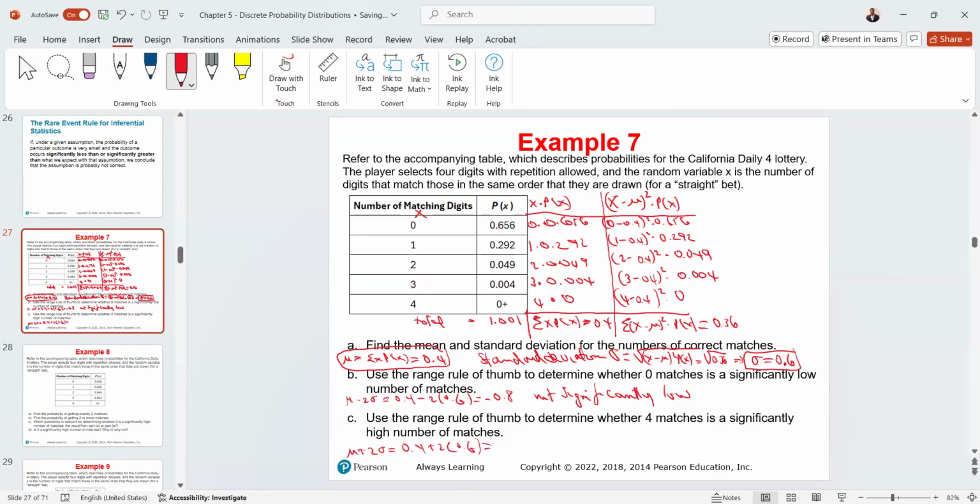If you add it that way, it's going to be 1.6. So 4 matches is greater than or equal to 1.6, is that correct? It is significantly high, right?